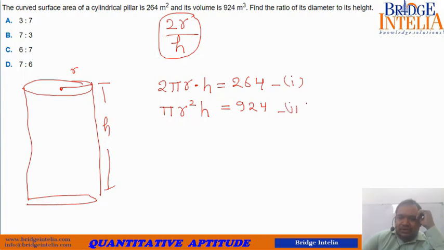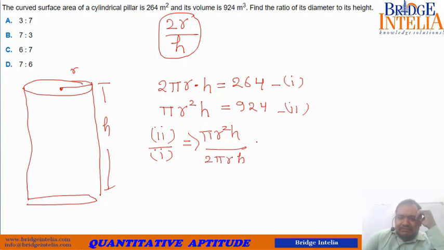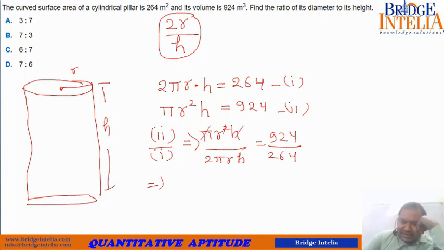So dividing 2 by 1, pi r square h when divided by 2 pi r h must be equal to 924 divided by 264. So from here pi r h cancels, and r by 2 is equal to 924 by 264.